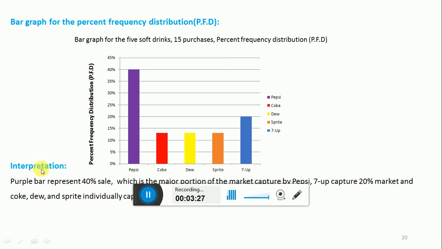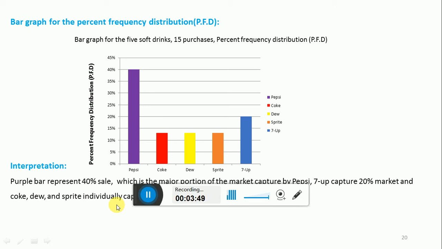This is very clear from the interpretation: the purple bar represents 40% sale, which is the major portion of the market captured by Pepsi. 7-Up captured 20% market share, and Coke, Dew and Sprite individually captured 13.3% share of the market.